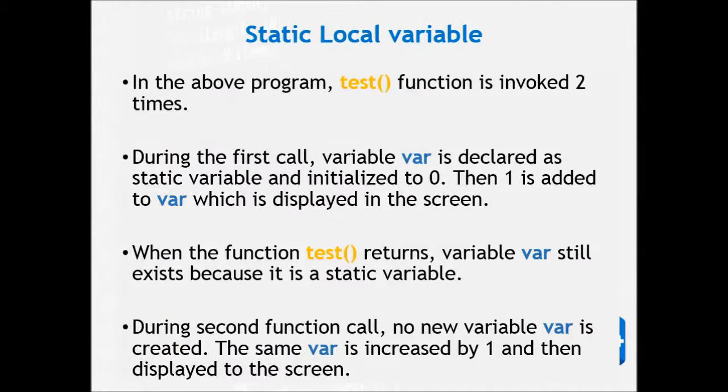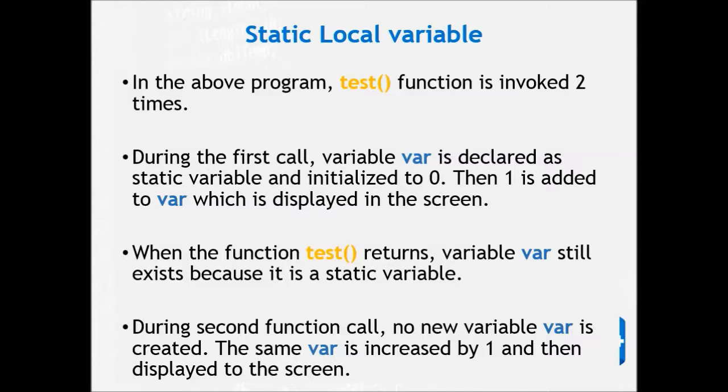So in the above program, the test function is invoked 2 times. During the first call, variable var is declared as a static variable and initialized to 0. Then 1 is added to var, which is displayed on the screen. When this function test returns, variable var still exists because it is a static variable, with a value 1.